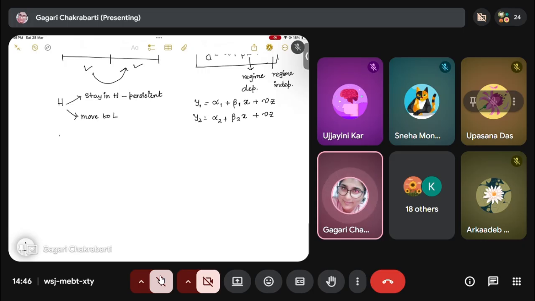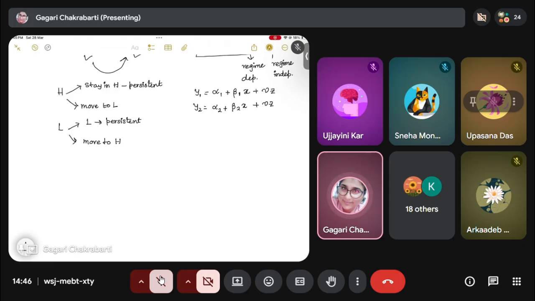So starting from low, it can remain in low, that is persistent, or it can move to high. তার মানে তুমি কতগুলো স্টেট পাচ্ছ? 4টে স্টেট পাচ্ছ, হাই টু হাই, হাই টু লো, লো টু হাই, লো টু লো। ঠিক আছে, তার মানে দুটো স্টেট হচ্ছে পারসিস্টেন্ট, দুটো স্টেট পারসিস্টেন্ট নয়। সো হাই টু হাই ইজ পারসিস্টেন্ট, low to low is persistent.